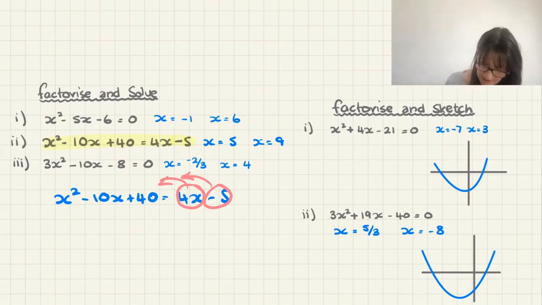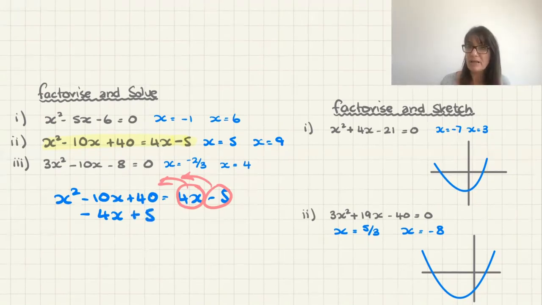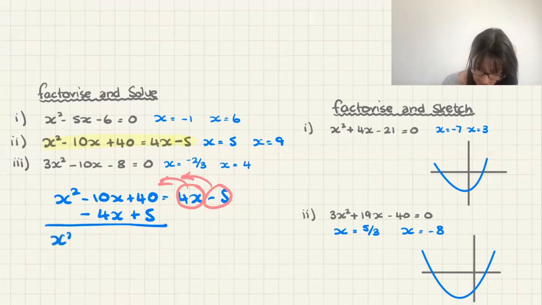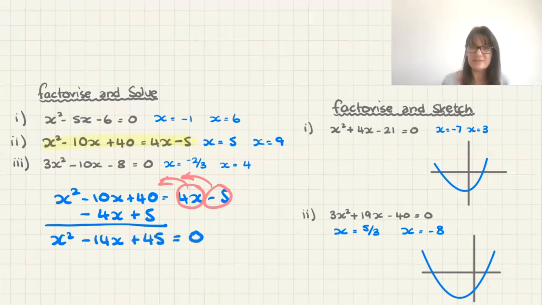Now the 4x is going to land as minus 4x, so it's going to have an impact on that middle term. And my minus 5 is going to land as a plus 5, so it's going to have an impact on my last term, on my numbers. So I've got x squared minus 10x minus 4x is minus 14x, and 40 plus 5 is 45. That is my new quadratic equaling 0.